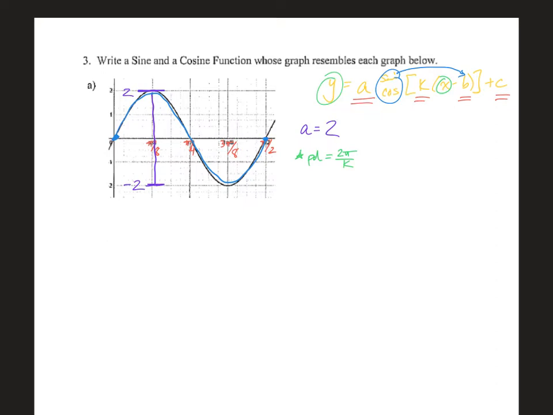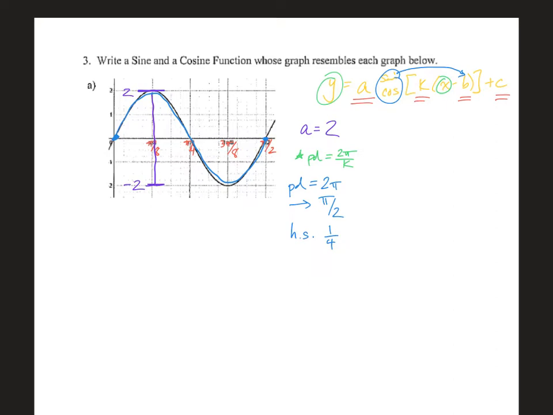And so if they think about the normal period of that sine curve or cos curve being 2 pi, and this period is now pi by 2, you can start to think about what you would do to 2 pi to change it into pi by 2, and you notice that you would have to have a horizontal stretch by a factor of 1/4.